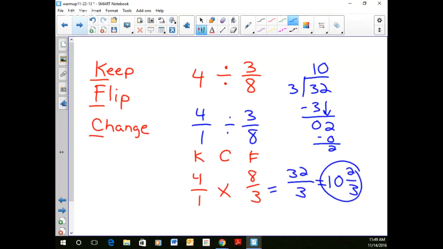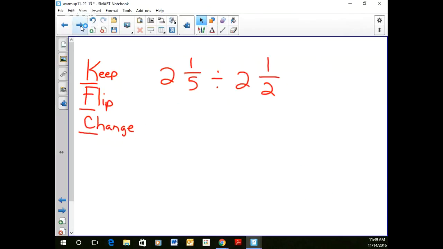is our answer. The last problem I would like to do is a mixed number divided by a mixed number. Now, we cannot divide these as they are. We must change them to improper fractions. By multiplying the whole number 2 in the first mixed number times the denominator 5, we get 10. 2 times 5 is 10.